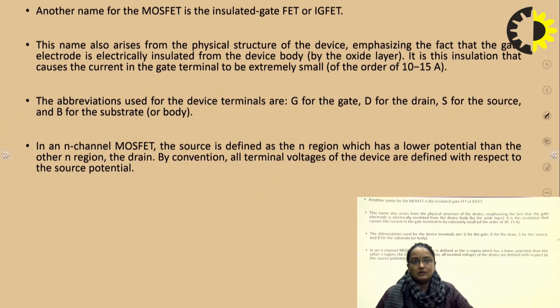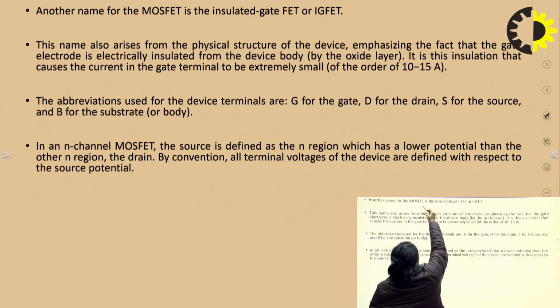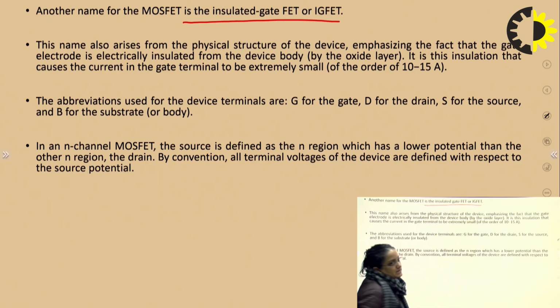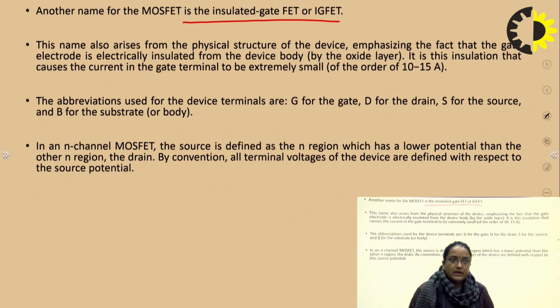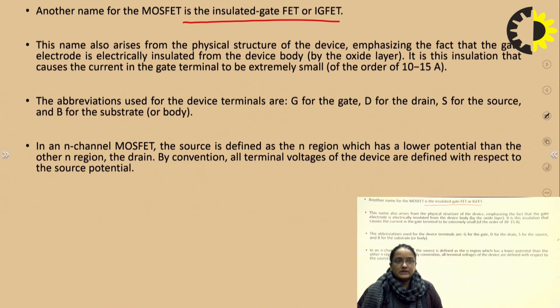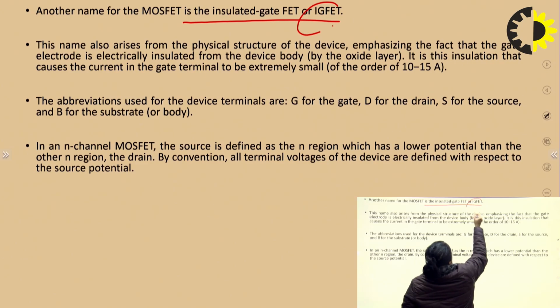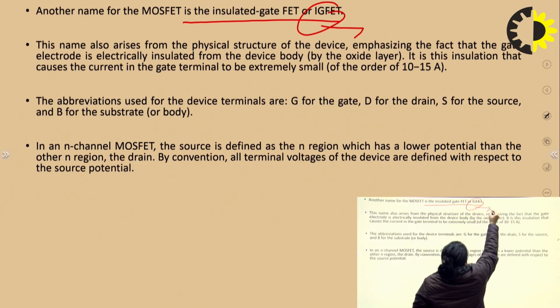In that we can easily describe your N-channel or P-channel enhancement type MOSFET. So the most important point to remember is that MOSFET is also considered as insulated gate FET or IGFET. It is not a different term.